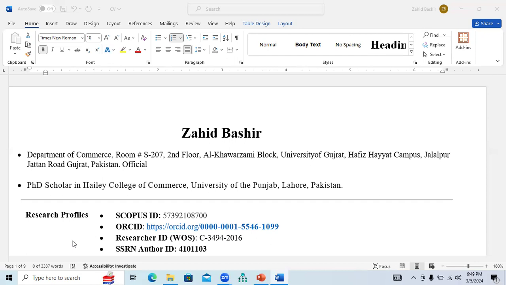sustainable finance, financial technology, and my work is on secondary data. I was interested in learning Stata and EViews, and I was searching for a long time for training on different software.